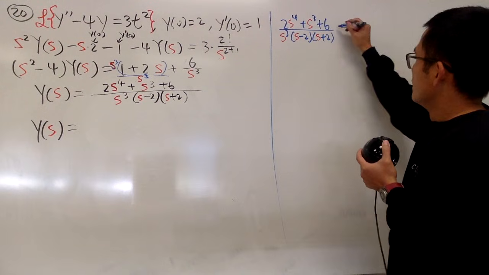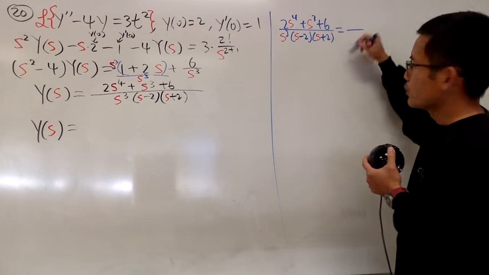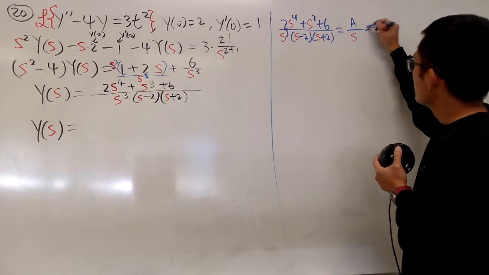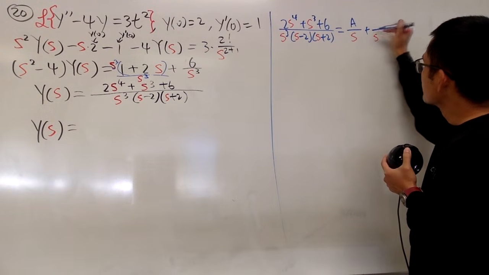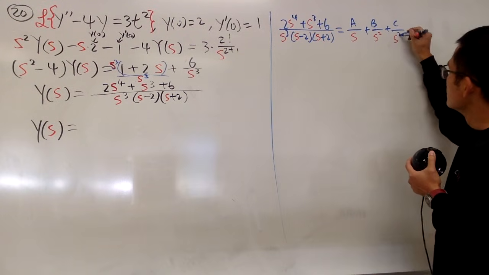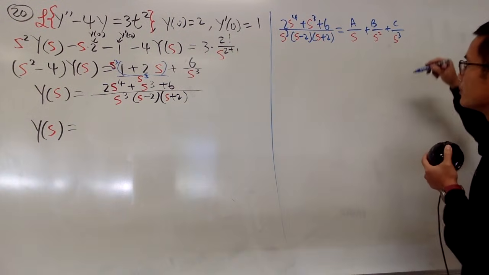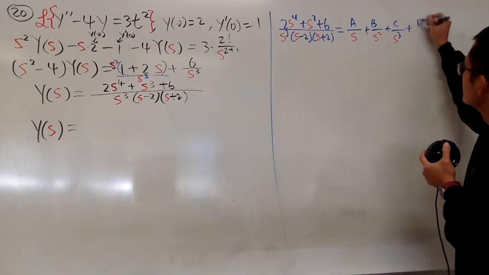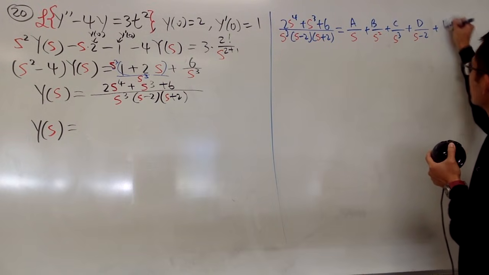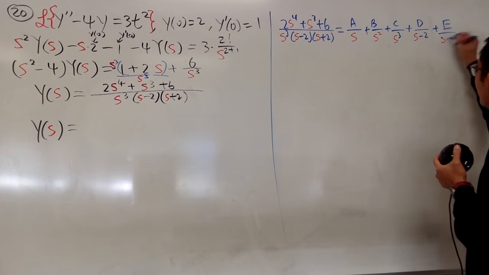Now, the horrible thing with this is that you have to build all the powers. So first you actually have to have something over s, plus the next one something else over s squared, and then plus the next one C over s to the third power. And then you continue by doing this plus D over s minus 2 plus E over s plus 2.